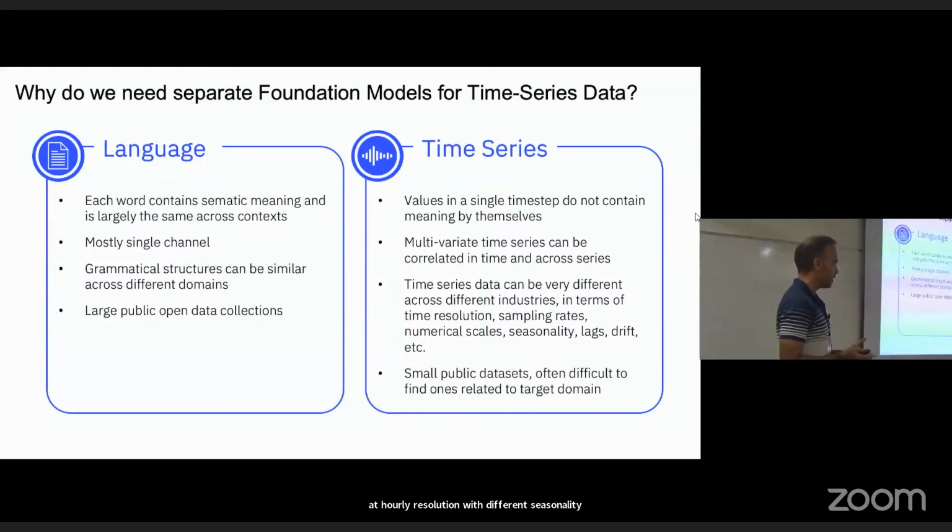So each dataset comes at a different time resolution, sampling rate, and scale. There are a lot of lags and drifts. So there is a lot of complexity that one needs to handle when building such models. And another important thing to notice is that the publicly available datasets to build such a foundation model are not much, right? Very few publicly available datasets exist. So that makes the task very difficult, right?